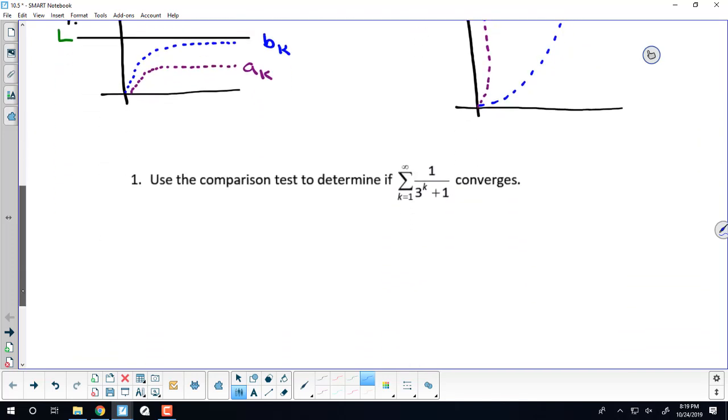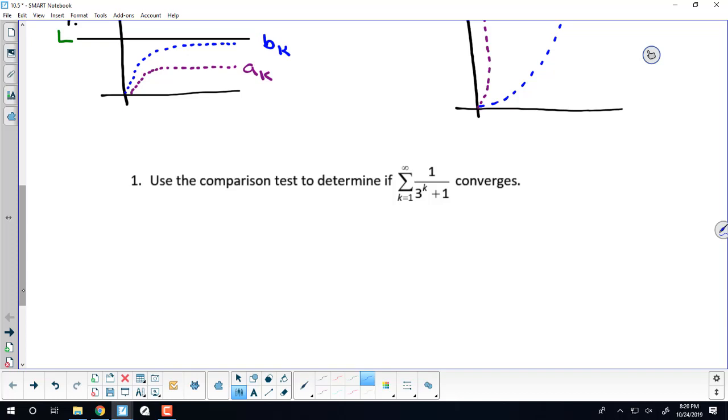So use the direct comparison test to determine if 1 over 3 to the k plus 1 converges. So when you choose that B, you want to think about the asymptotic behavior as k gets large, or as n, whatever your index is, gets larger and larger: what would the numerator behave like and what would the denominator behave like?